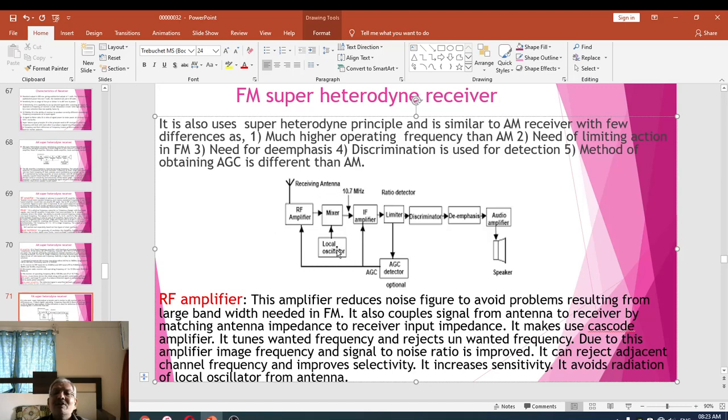The RF tuner of the FM super heterodyne receiver consists of the first stage as an RF amplifier, the second stage as a mixer, and the third stage as a local oscillator. The RF amplifier makes use of several stages of cascaded or cascode amplifiers. Its bandwidth is in between 88 MHz to 108 MHz. It makes use of series and parallel resonating circuitry for accepting the wanted frequency range and rejecting the unwanted frequency range.